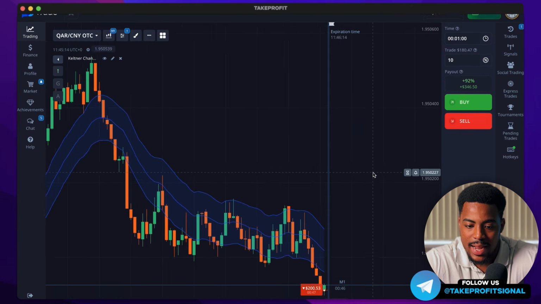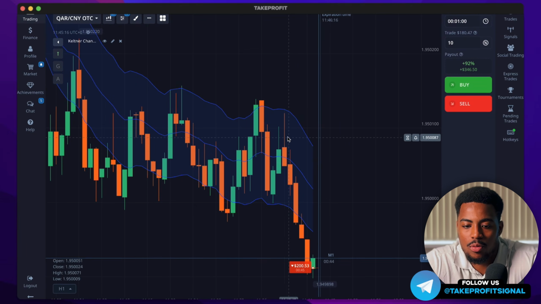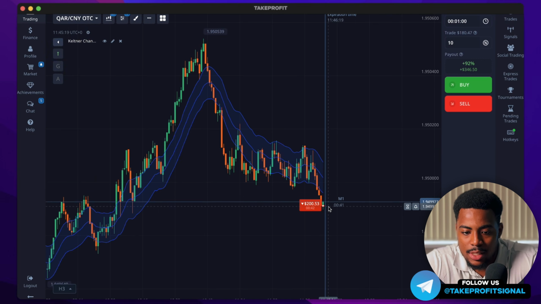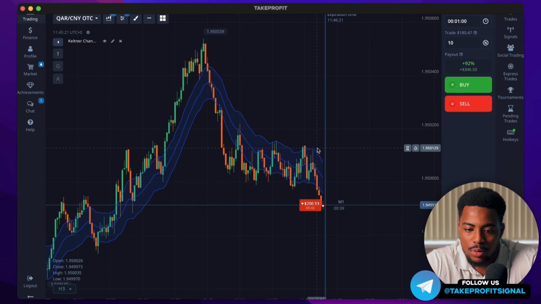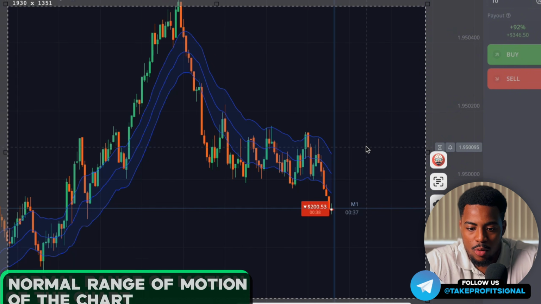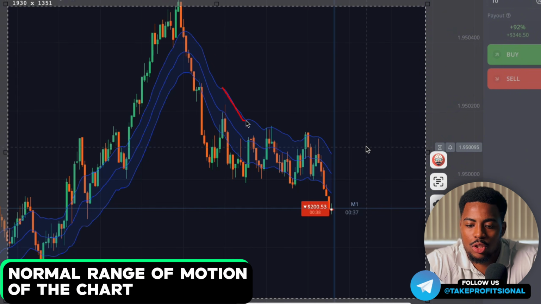Our entire analysis should be based on the behavior of the latest Japanese candles. Since we are trading with the trend, what do we need to know? The Keltner Channel shows us the essentially normal range of motion of the chart.